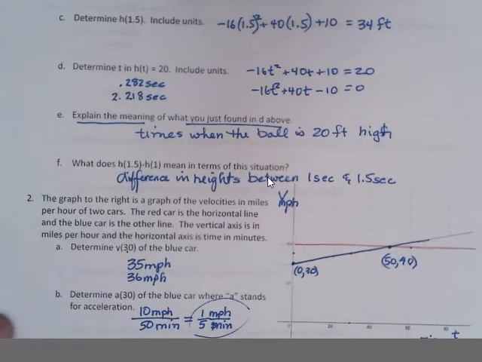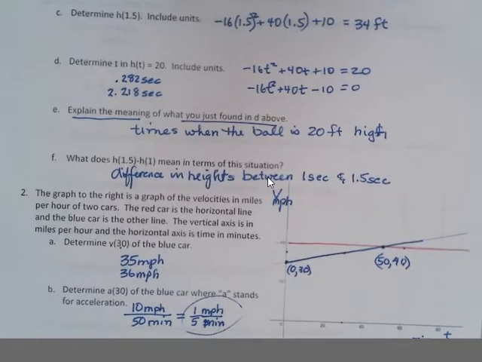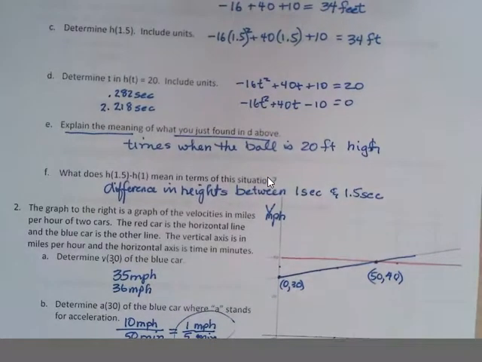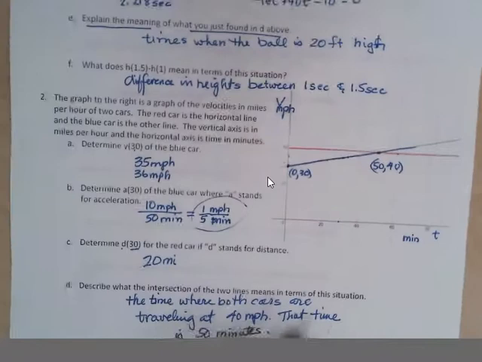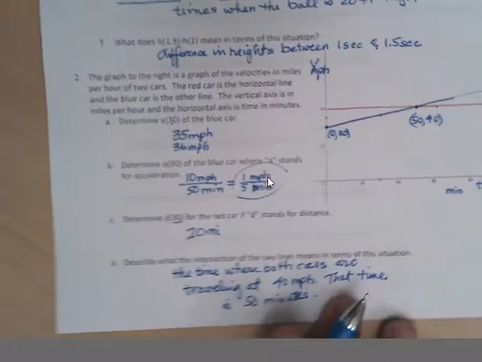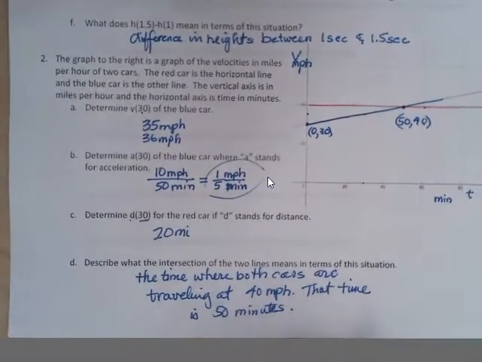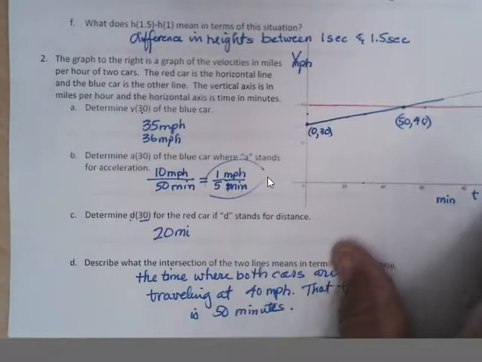That time is 50 minutes. Or, if you will, after 50 minutes, both cars are traveling 40 miles per hour. Okay, and I see that that wasn't on the screen, so I'm adjusting that. Okay.